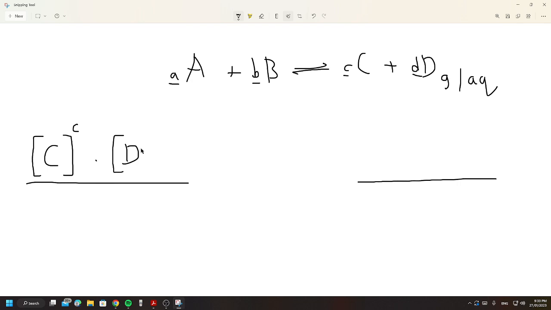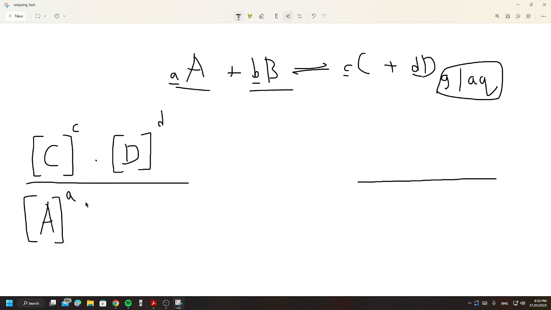Concentration of chemical D to the power of the coefficient over, and same goes for the reactants. We only consider gases or aqueous, so concentration of A to the power of the coefficient times concentration of B to the power of the coefficient.